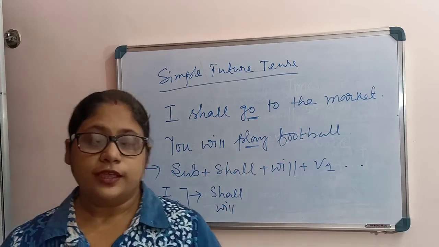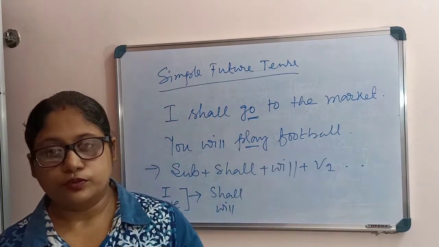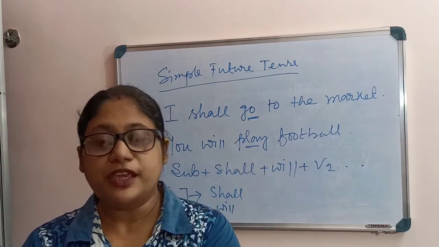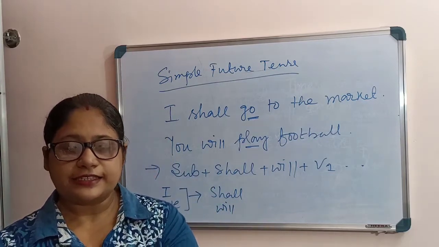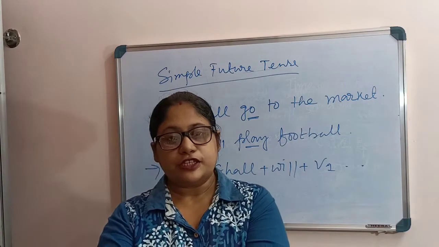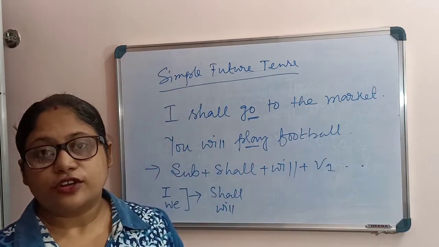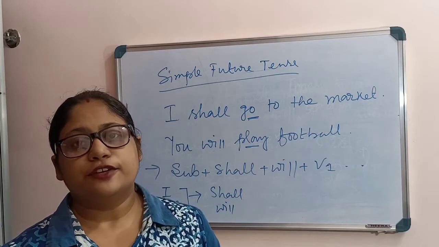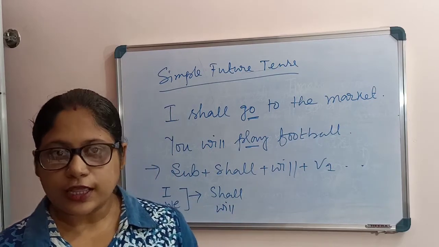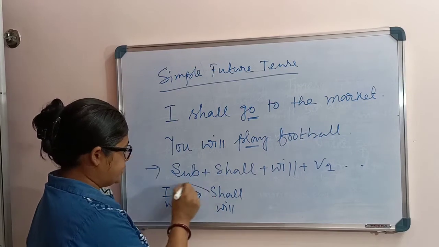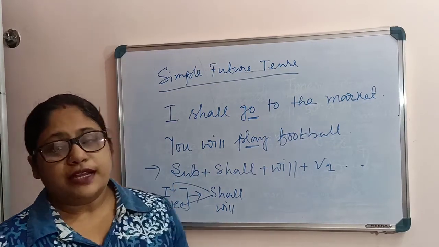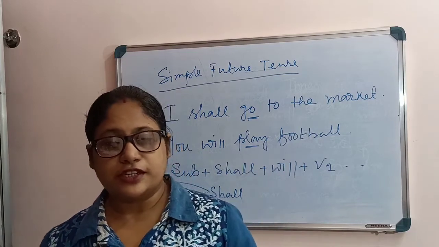If you follow the grammar books from the very beginning, you will find that shall is generally used when we talk about advice or suggestion, or some kind of offers. In such cases shall is used with I and we, but in other cases we generally use will.